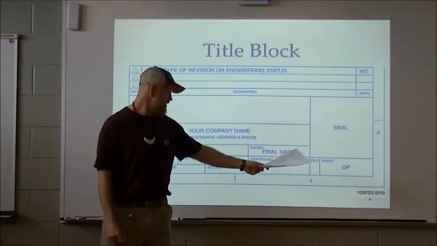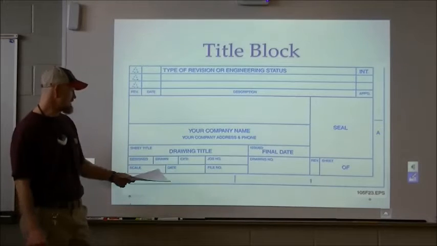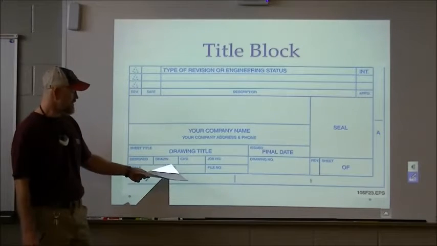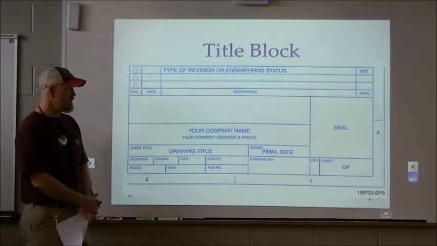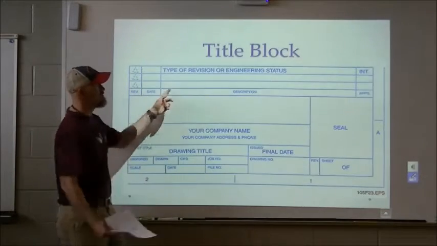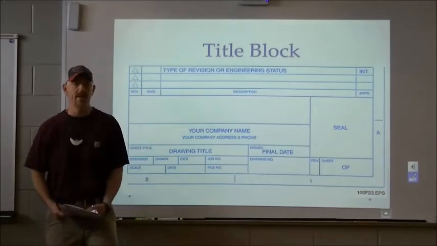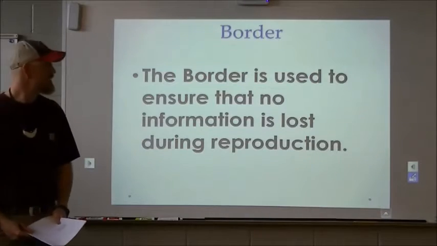This is where you put the seal, the sheet title or drawing title, and drawn by, that's the initials of the person that drew it. It's just got a lot of information on here. This is the revision block up here, and we're going to talk about the revision block in just a minute in a little bit greater detail.